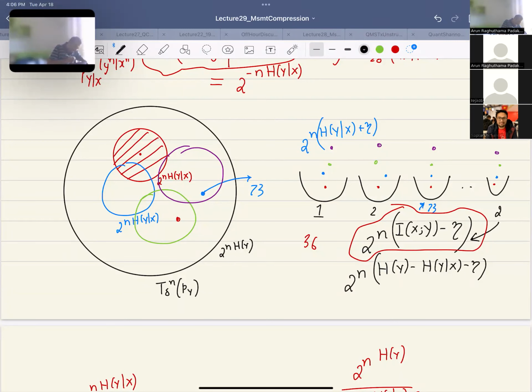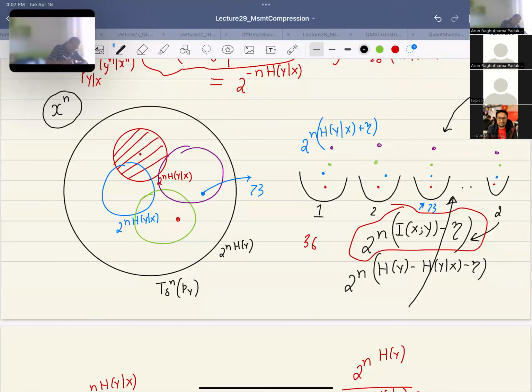Alice will observe an xn sequence, and nature will give her a bin index. So she goes into that bin and she finds something that is jointly typical with that xn sequence. Remember, this xn sequence is either a purple sequence or a green sequence or a blue sequence or a red sequence.